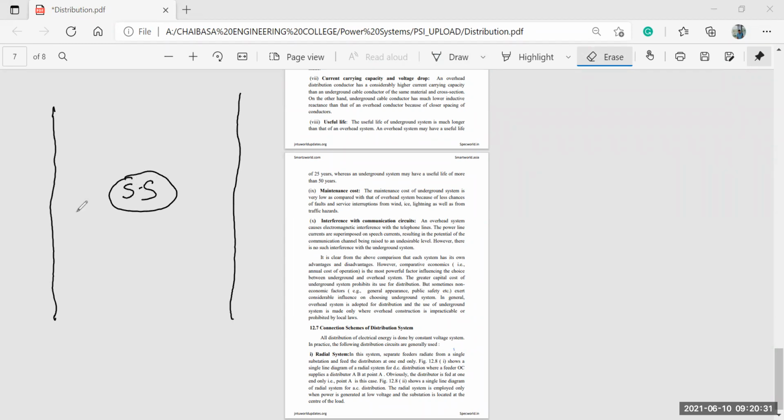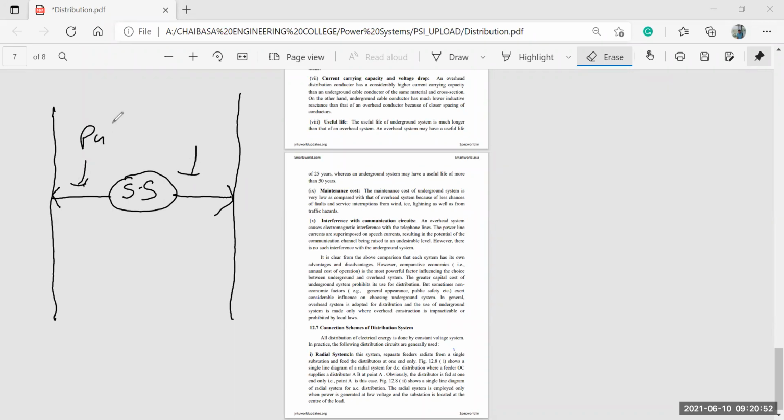This substation would be fed at only one end. It may have multiple sources. Now, only one, or we could call it a single path.